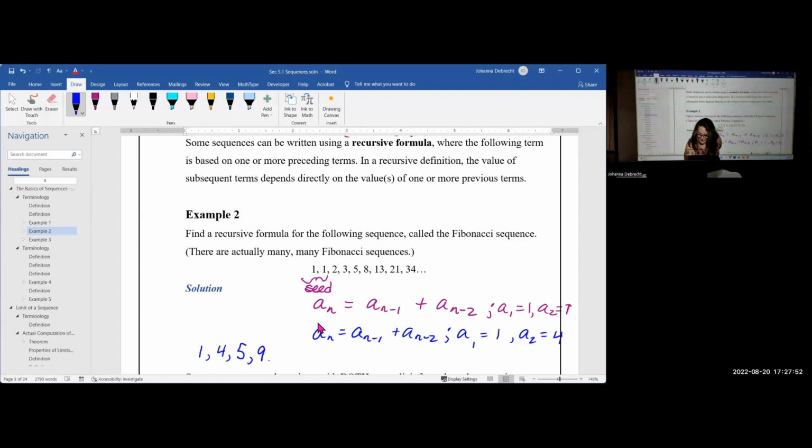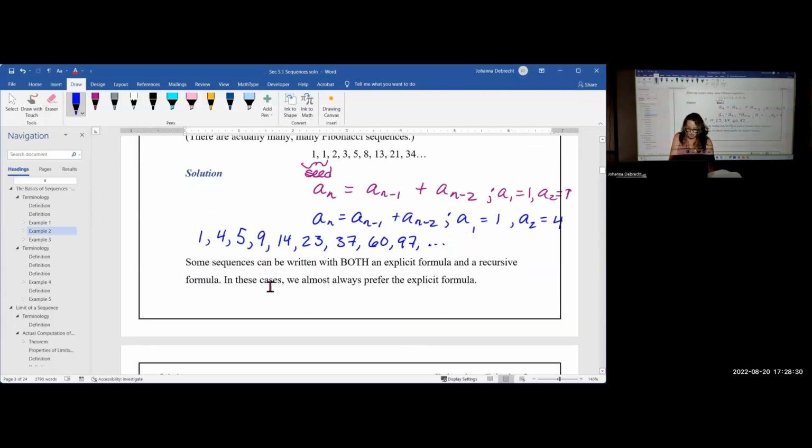Then 4 plus 5 is 9. 5 plus 9 is 14. 9 plus 14 is 23. 23 and 14 is 37. 23 and 37 is 60. Then 97, and so on. It generates a Fibonacci sequence, but because the seed is different, the ordered list is different. But the pattern is the same. The pattern is this recursive relationship that the generic A sub n is equal to the sum of the two in front of it, A sub n minus 1 plus A sub n minus 2.